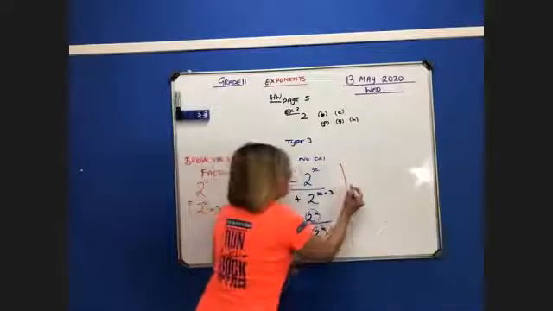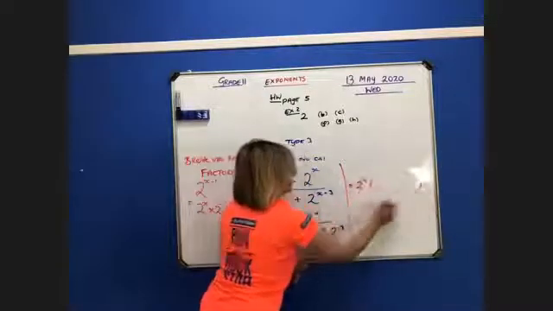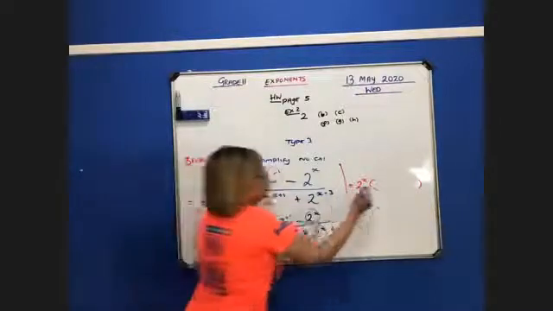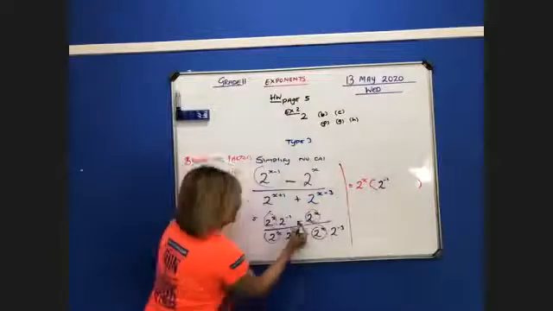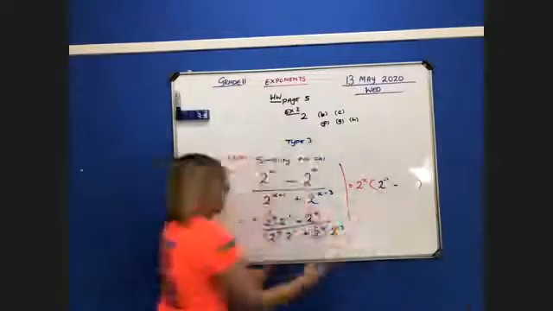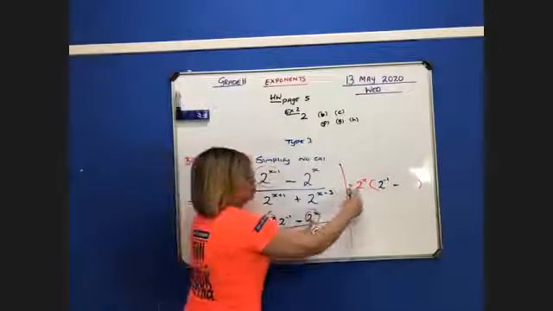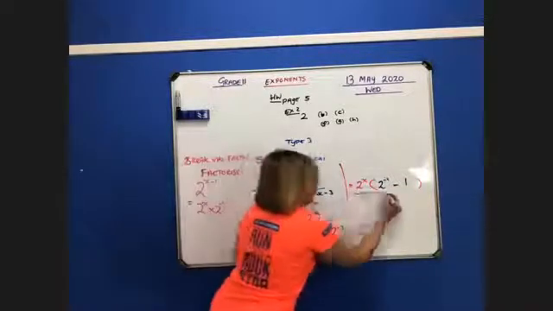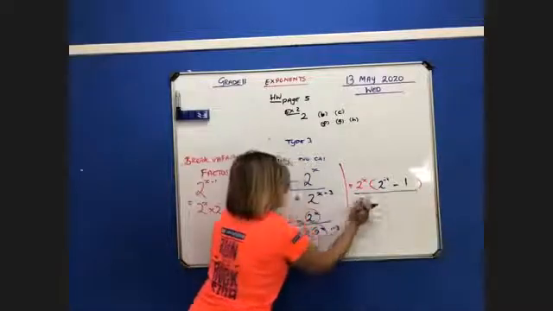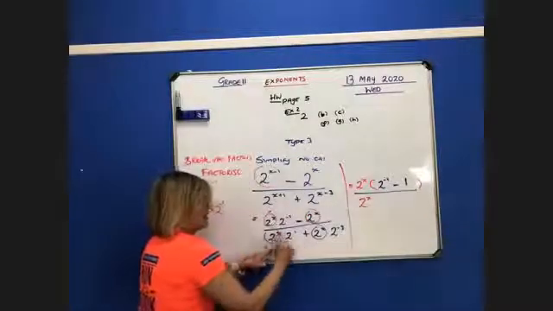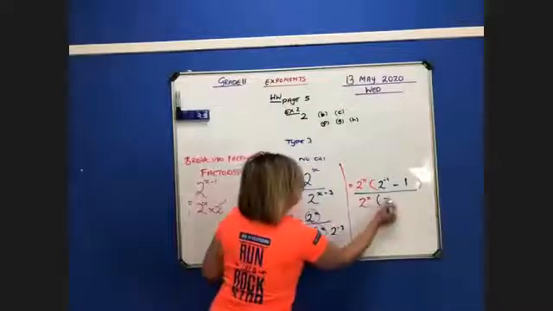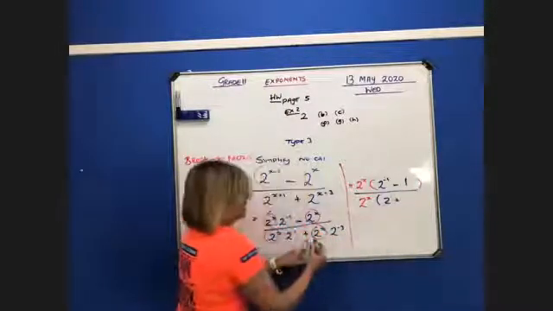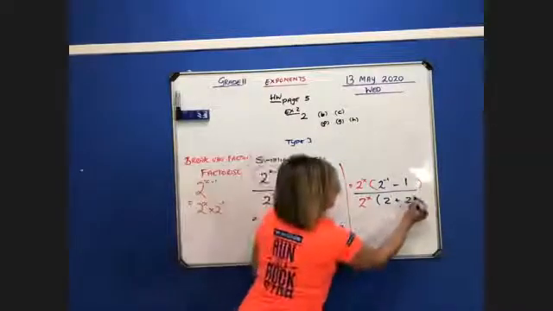So in the numerator, I'm going to take out 2 to the x. You do it by division. So that cancels, and you're left with 2 to the minus 1 minus, now if you divide this term by 2 to the x, it goes once, because it cancels once. Over, take out 2 to the x in the denominator, so that divides, and you're left with 2 plus, then that would divide out, so you're left with 2 to the minus 3.